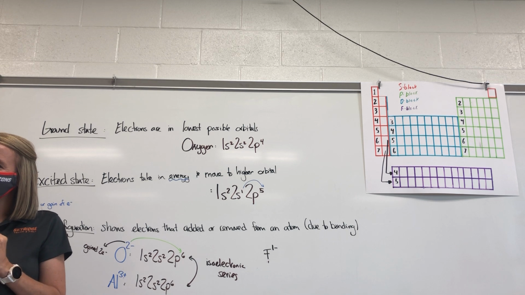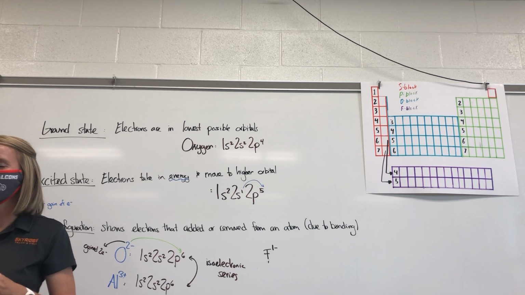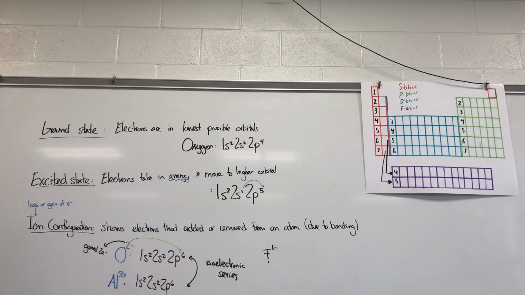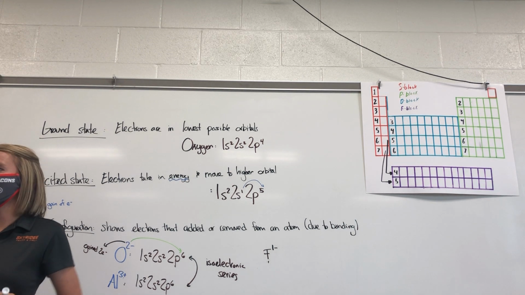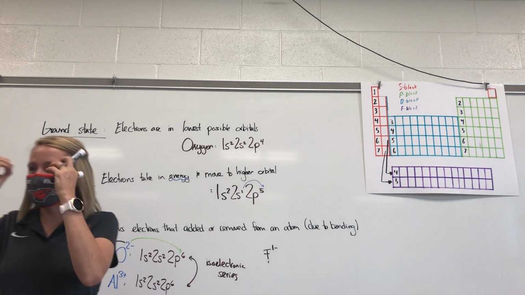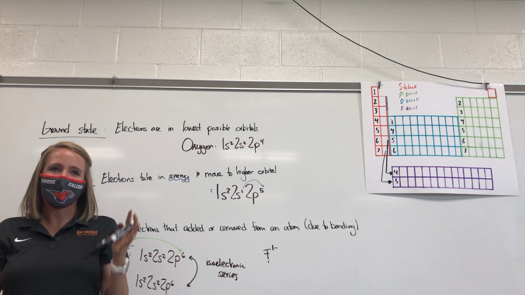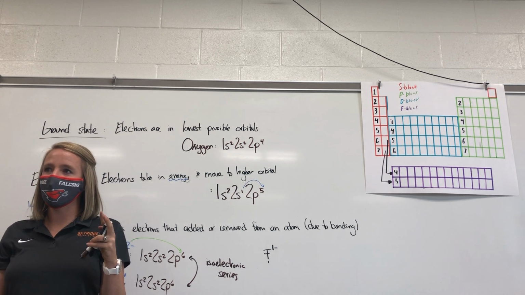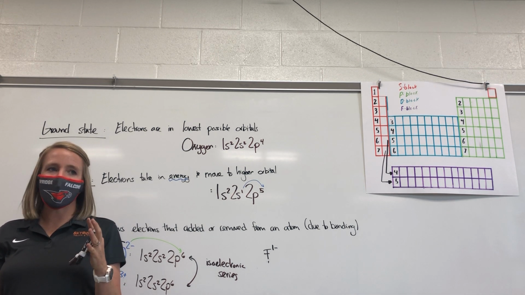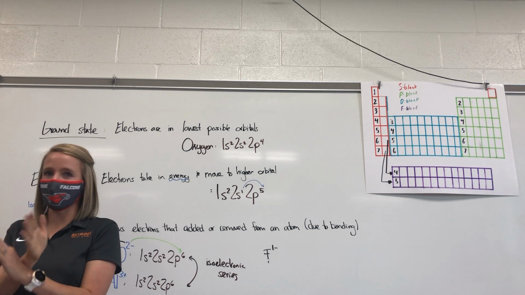Well, I didn't know that it went to its nearest noble gas. Oh, cool. No, I love it. That's one of my favorite things about teaching, when, most of the time it's not an audible light bulb like yours was, but I can just see it on people's faces when it's like, oh, that makes sense now. So, any other questions about electron configuration before we learn about the science that actually proves these things are real?